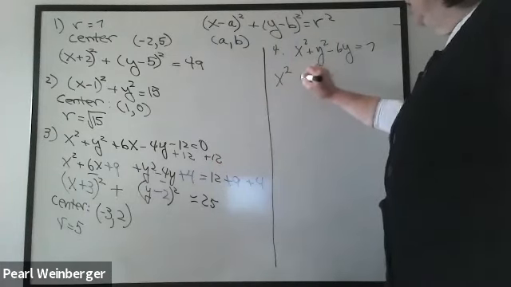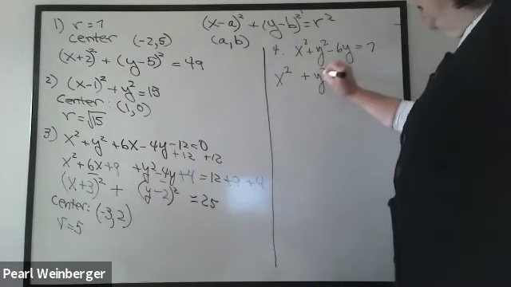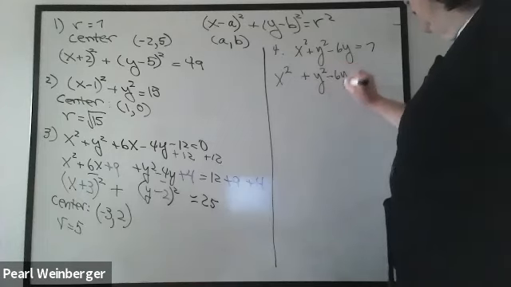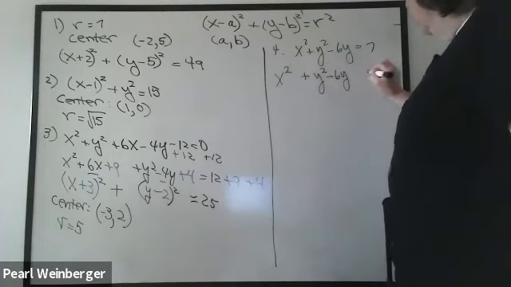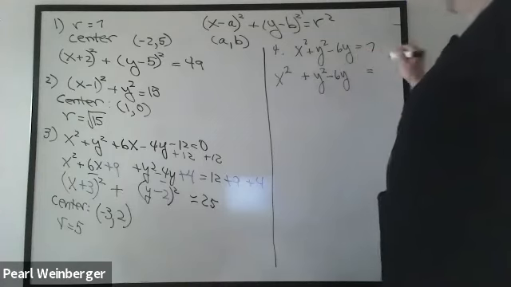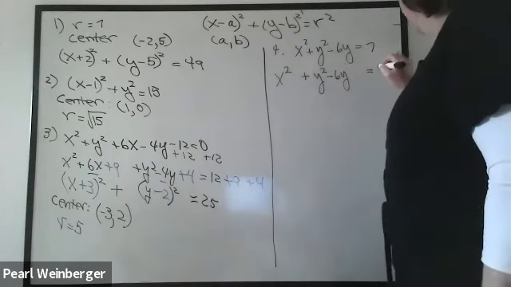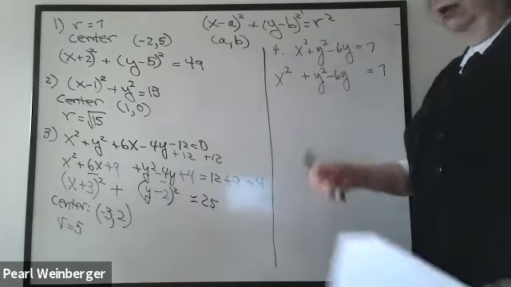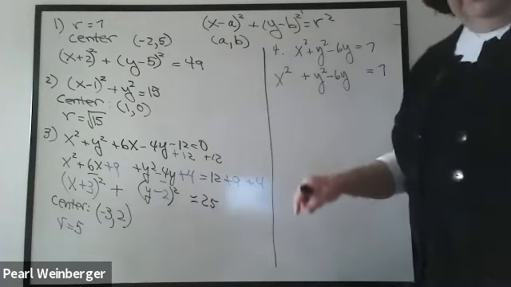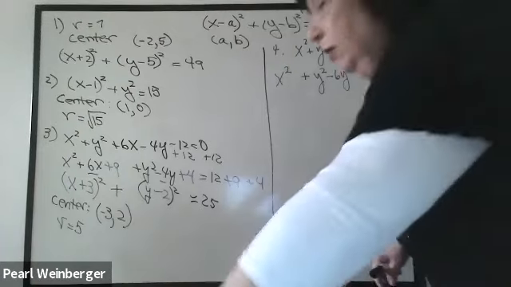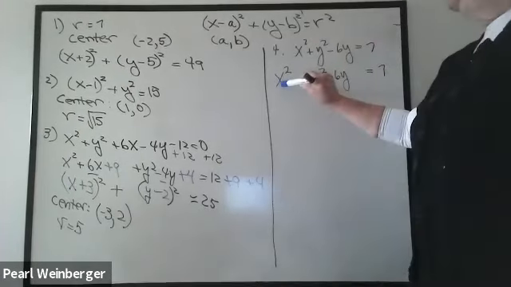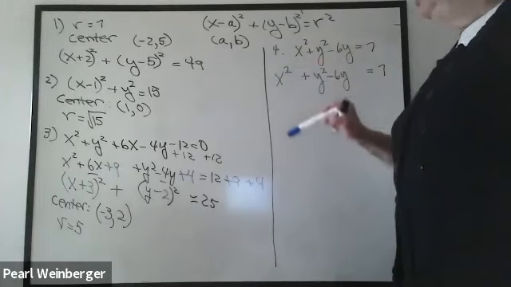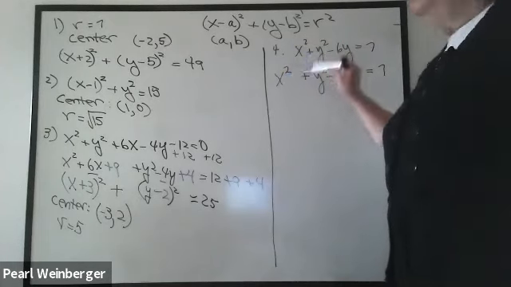Then we get the y terms together, which we have, y squared minus 6y. And we leave a space. And there's nothing to bring over because the 7 is already on the right side. And I do the same thing I did before. I complete the square. Now, I don't have to complete the square on the x because obviously this is really the x plus 0 squared.